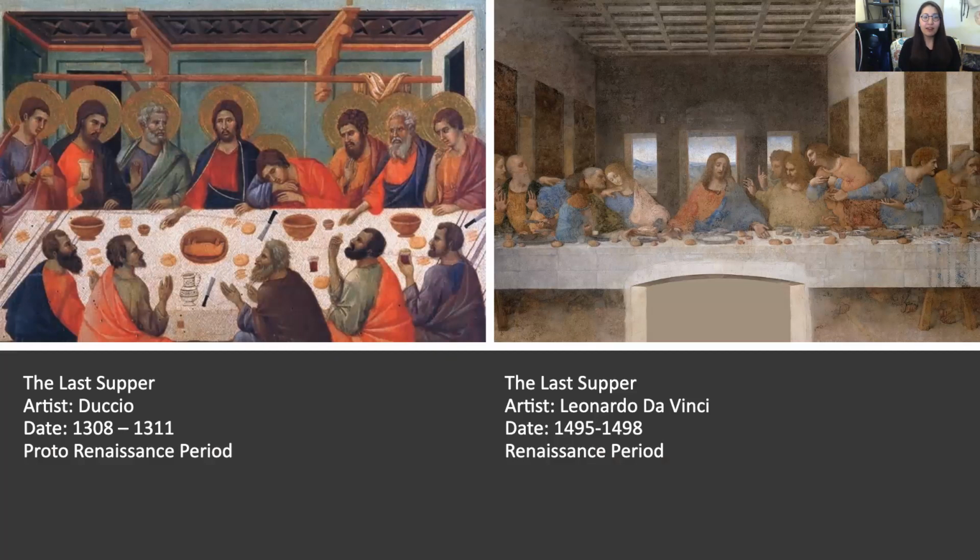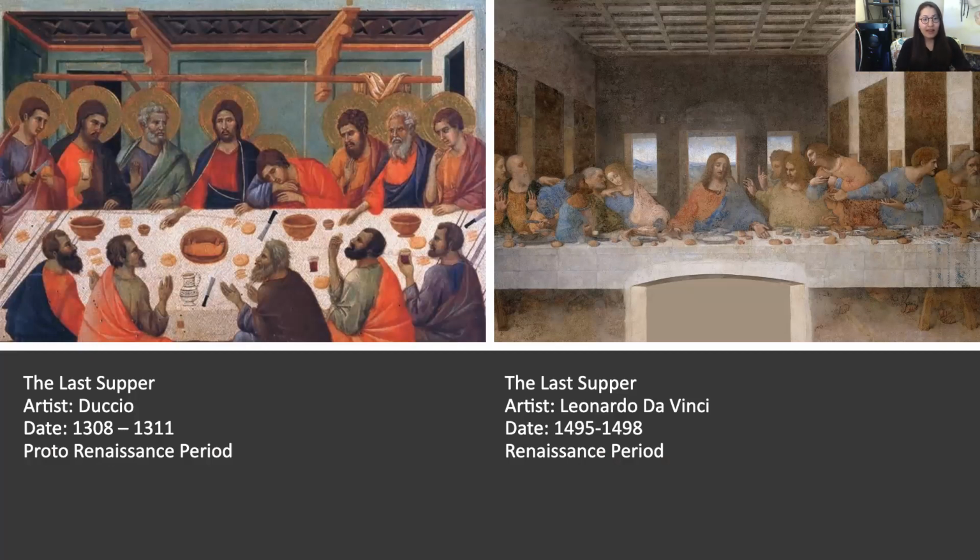The painting on the left is a work by an artist named Duccio. Take a look at both paintings and think, which painting looks more realistic to you? If you said The Last Supper on the right by Leonardo da Vinci, you're correct. Leonardo da Vinci's painting is a perfect example of successful linear perspective.